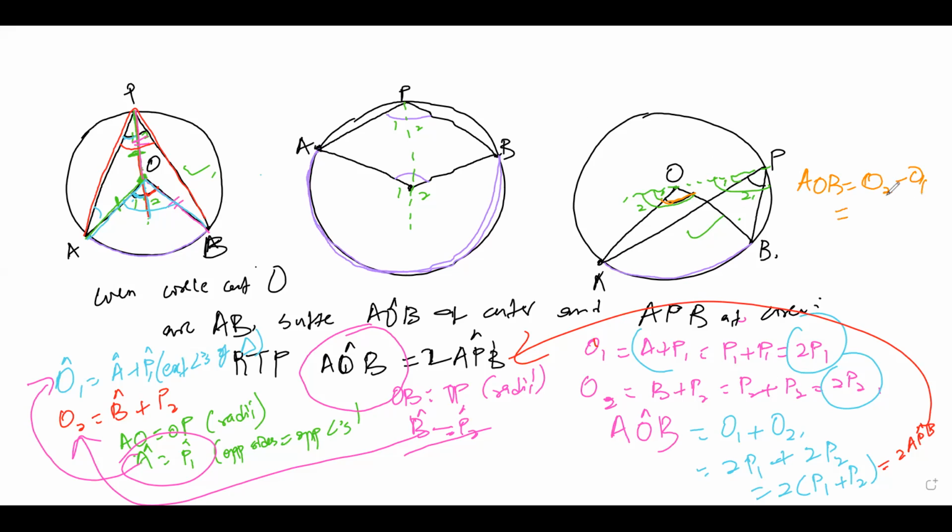O2 was 2P2 and O1 was 2P1. So you take the 2 out: P2 minus P1. And what is P2 minus P1? It was this angle minus that one. So this is 2 angle APB, which proves the theorem.